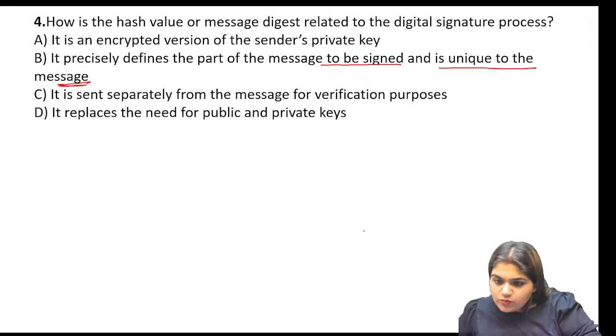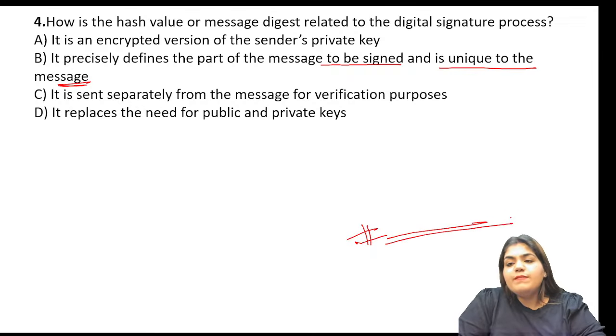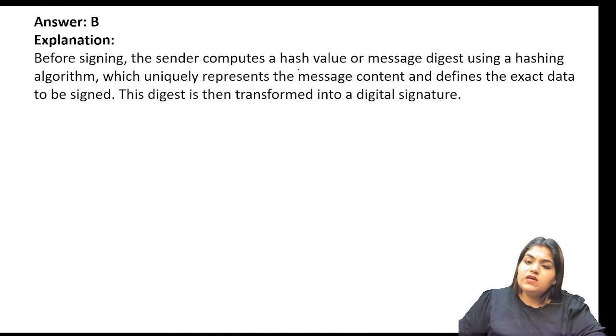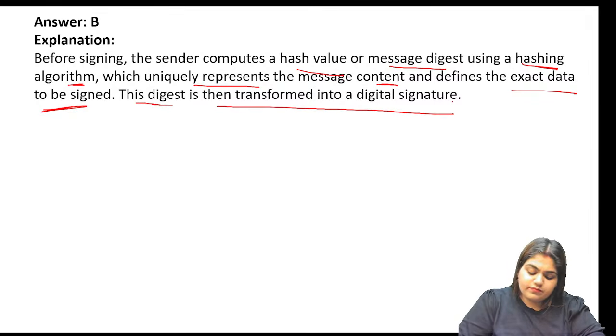Sign here, so that reading of the signature is correct. The sender computes a hash message or a message digest using a hashing algorithm, which uniquely represents the message content and defines the exact data to be signed. This digest is then transformed to a digital signature.